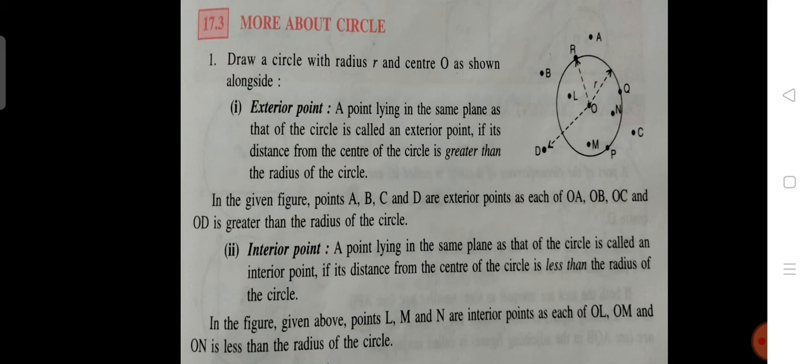That is, a point lying in the same plane as the circle whose distance from the center of the circle is greater than the radius of the circle. In the figure, look at the points A, B, C and D: they are exterior points, as each of OA, OB, OC and OD is greater than the radius of the circle.